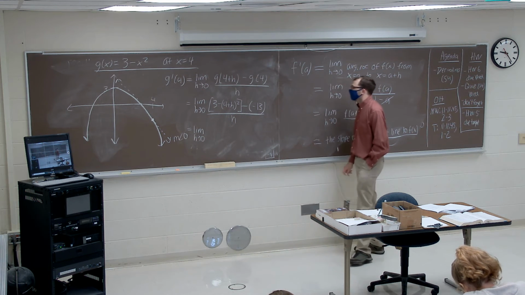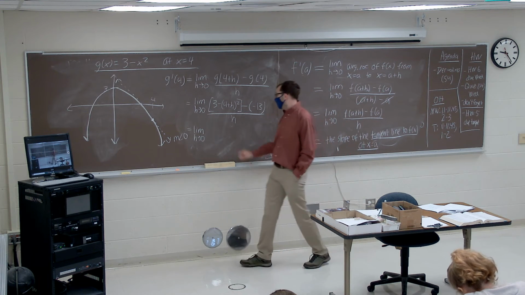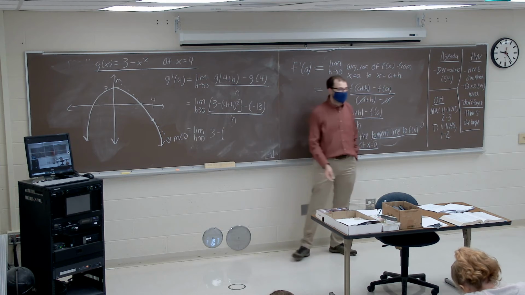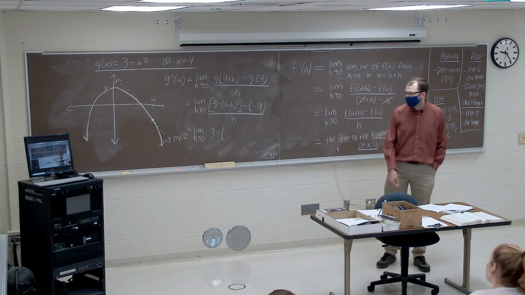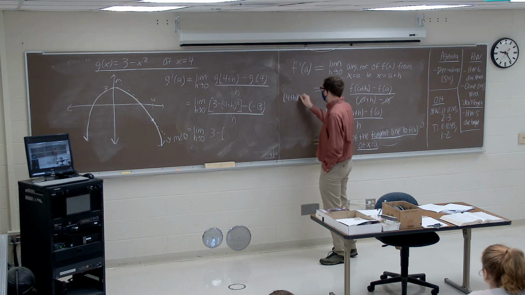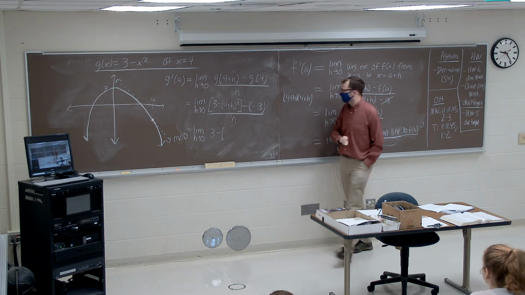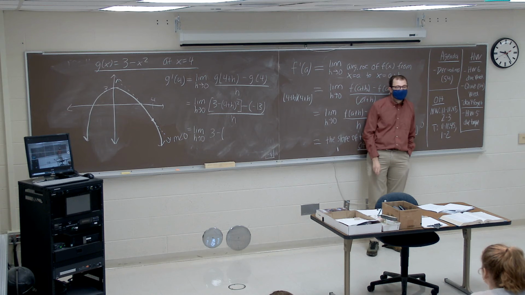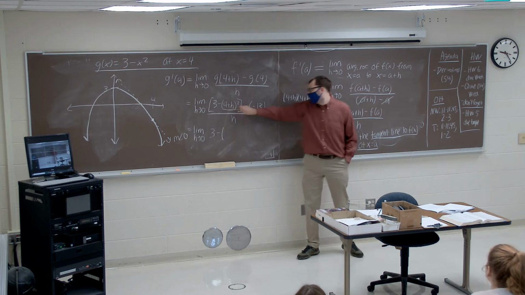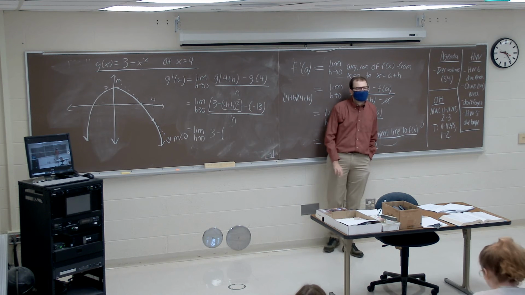Okay, so we're going to have 3, and we're going to have to, unfortunately, square the 4 plus h term. How do we square 4 plus h? In other words, if we were to multiply out this expression right here, what would we end up with?